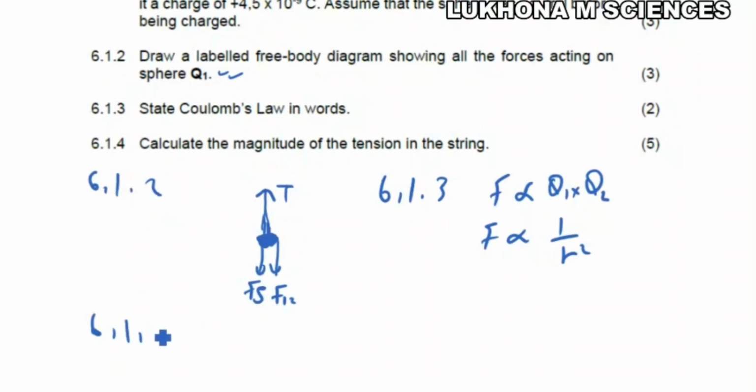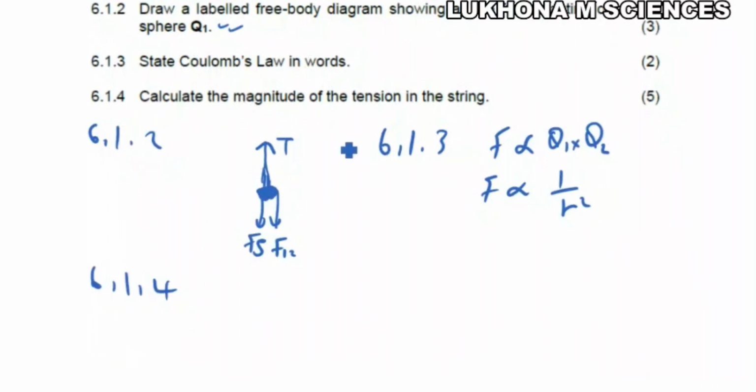6.1.4. Calculate the magnitude of the tension. So this one is very easy. We're going to use this one. We said F net is equal to 0 newtons, meaning that there is a tension which is going up. This one is negative, this one is negative.